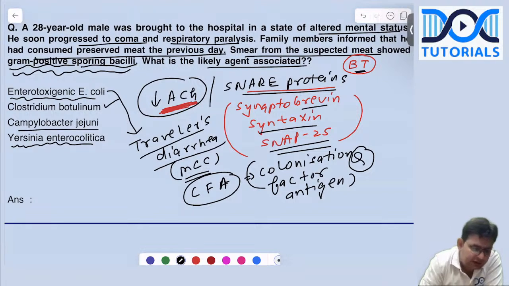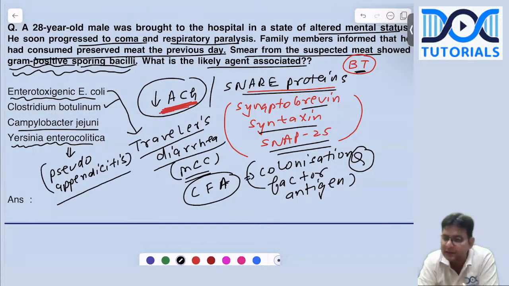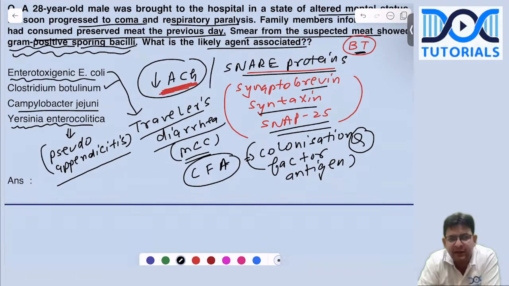Now talking about Yersinia enterocolitica. If a question comes up regarding it, you should know that it mimics appendicitis, and that's why it is termed pseudoappendicitis. It is also termed mesenteric adenitis and causes terminal ileitis.